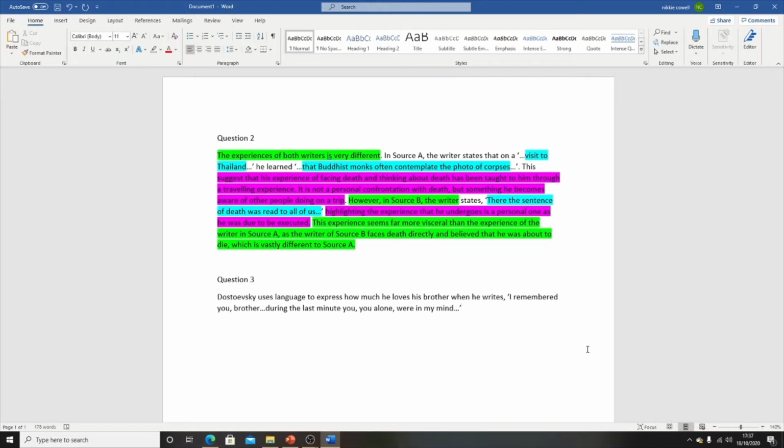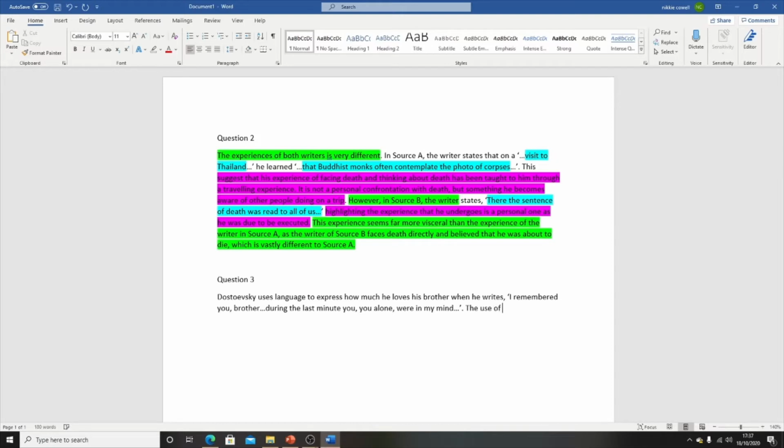So Dostoevsky uses language to express how much he loves his brother when he writes, "I remembered you, brother, during the last minute, you alone were in my mind." So I want to break this down now, and I want to zoom in onto specific techniques and what they suggest. So like I said, I want to show off to the examiner that I can write in a more academic way here by mentioning the subject terminology as I can see it. So I will start with that verb remembered, okay?